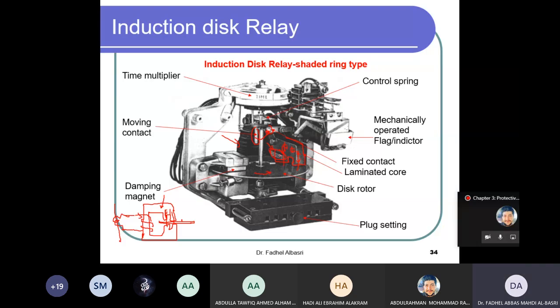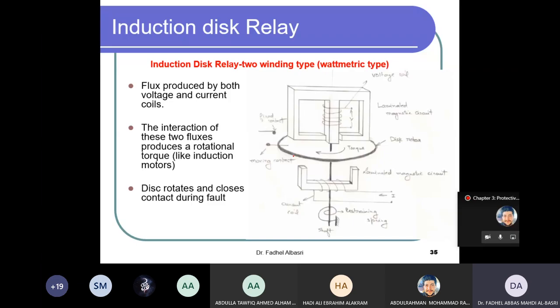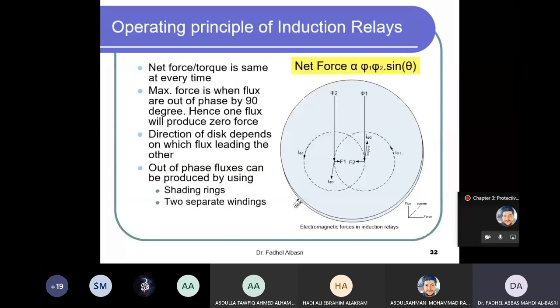So the function of this shaded ring is to delay phi2 as compared to phi1. As a result, I will have a rotating torque due to the phase difference between these two. And I'll have maximum torque when this phase displacement is designed at 90 degrees.